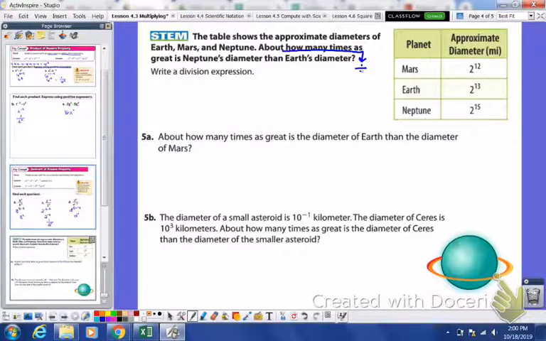So our larger Neptune, so 2 to the 15th, over Earth's diameter of 2 to the 13th. So there's our division expression, which we would simplify then, same base of 2, so we subtract 15 minus 13, which gives us 2 to the 2nd, and then if I actually wanted to evaluate, that would be 4 times greater.